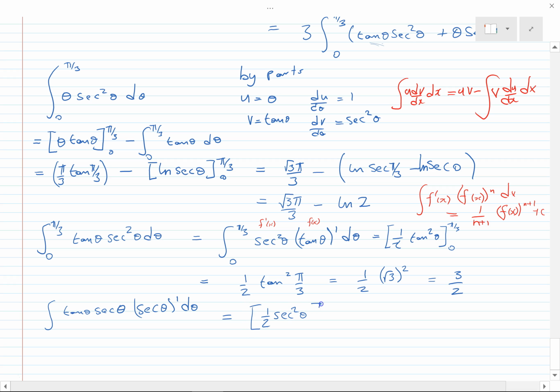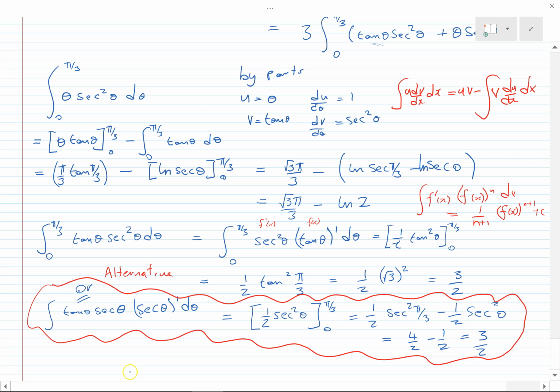Doesn't feel like it should be the same thing, but when you put the limits in, it does come to the same. It will be half of sec squared pi over 3, take away half sec squared 0, this being a case where the 0 doesn't come to 0. Sec squared pi over 3 is equal to 4, so that's 4 over 2 minus half, which also comes to 3 over 2. So that's an alternative.